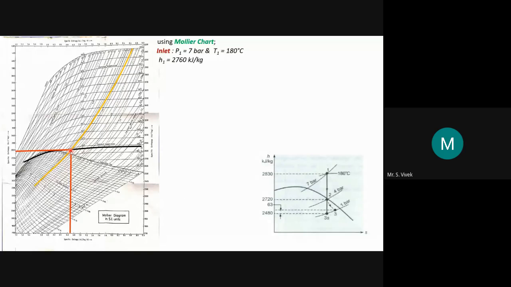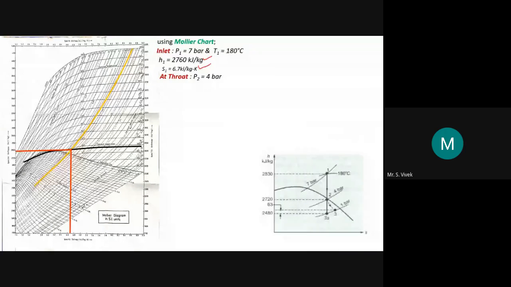In the book answers, I'm getting 2830, but while referring to the Mollier chart which I'm having, I'm getting 2766. So that is the value I'm getting. And S1, you may get 6.78. Correct. As far as entry is concerned, both these values are right. Enthalpy and entropy values are right.